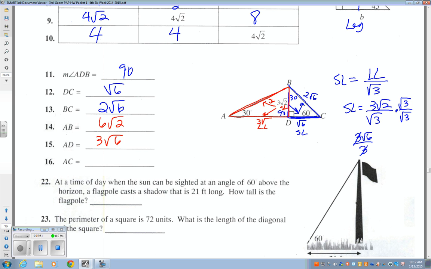All right, now we have to talk about this part. They want us to find AC, so that means the long leg plus the short leg. Yeah, 4 root 6. Multiply what?